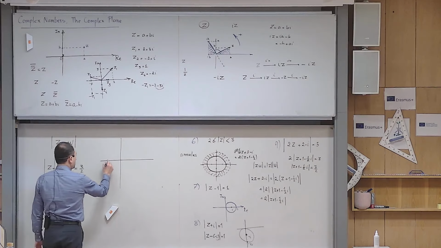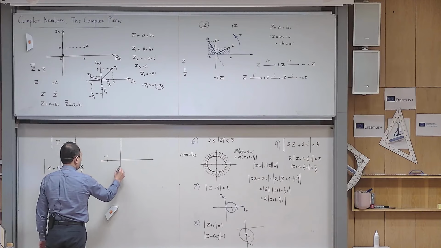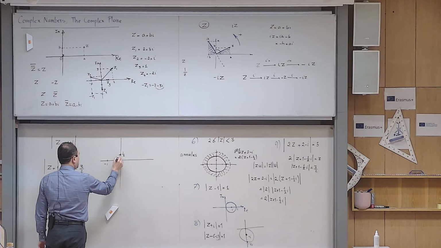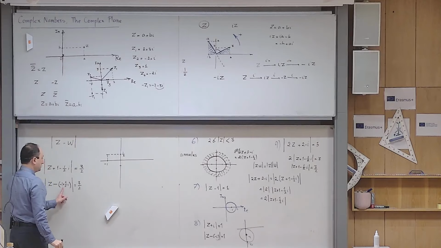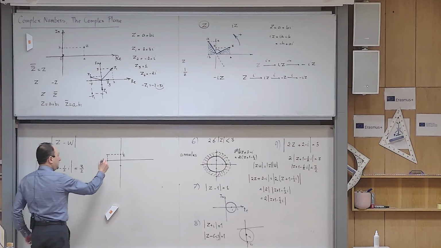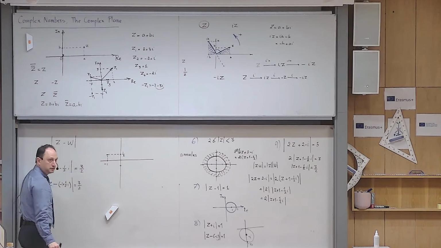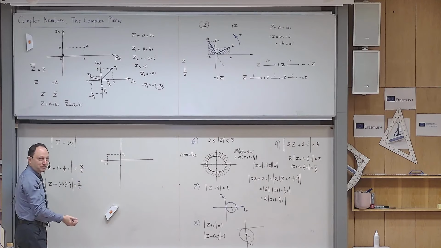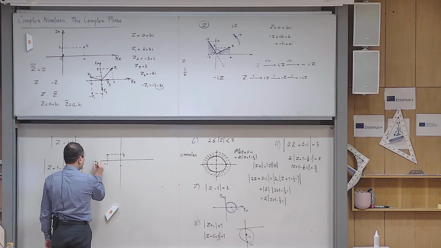So if I take this one to be minus 1, and this one 1/2, this is my fixed point. This is this point. And then I put the needle of the compass here and open it as 3/2, and then draw my circle. So I cannot draw it, of course, here.